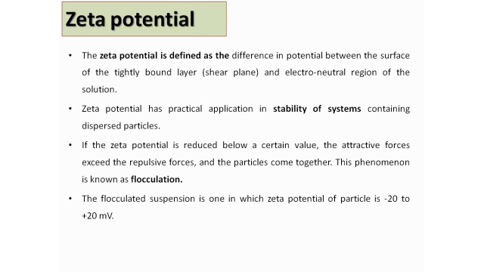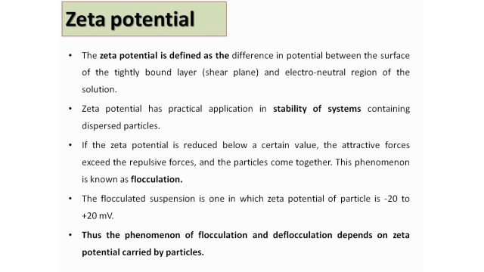The flocculated suspension is one in which the zeta potential ranges from -20 to +20 millivolt. Thus the phenomenon of flocculation and deflocculation depends upon the zeta potential carried by the particles. If the zeta potential is more than -20 or +20, then it is a deflocculated suspension.